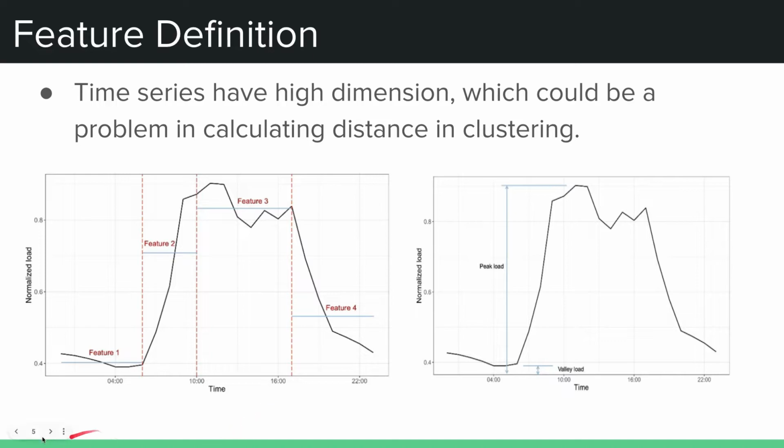One is from midnight to 5 o'clock in the morning, from 5 to 10, from 10 to around 18, and from 18 to the rest of the day, and they took the mean of each segment. So now we have 4 features in here, and they added one feature to capture the shape of the graph. That is just the difference between the peak load and the valley load. So that's the 5th feature. So in total we have 5 features.